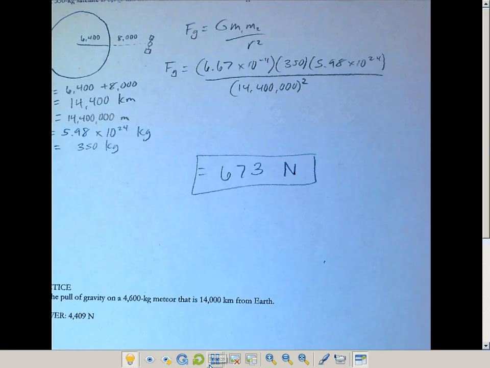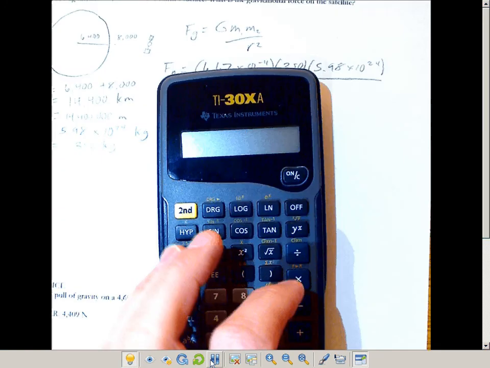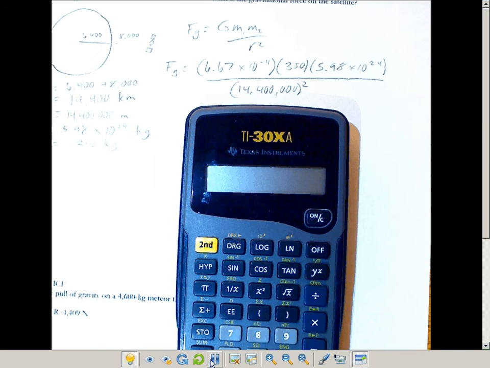Now let's see that on another calculator, the TI-30XA. This one's pretty tricky and kind of convoluted. I'm going to type 6.67.